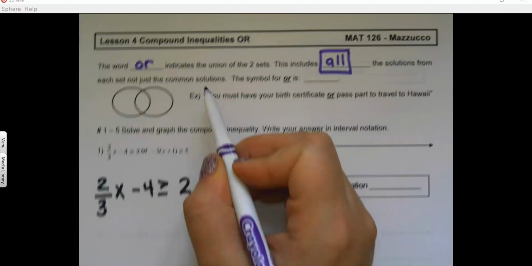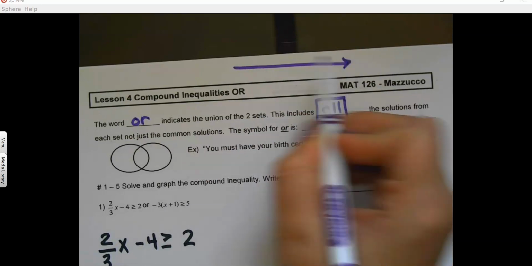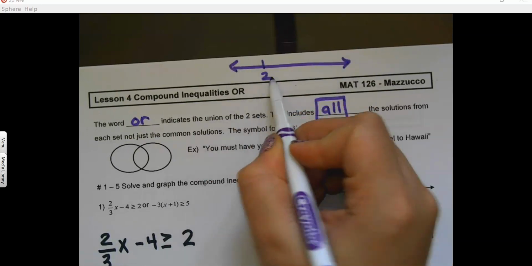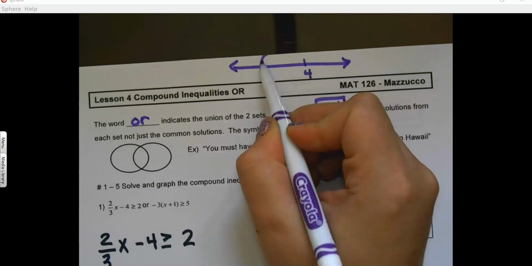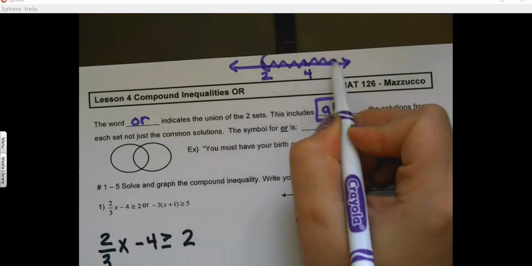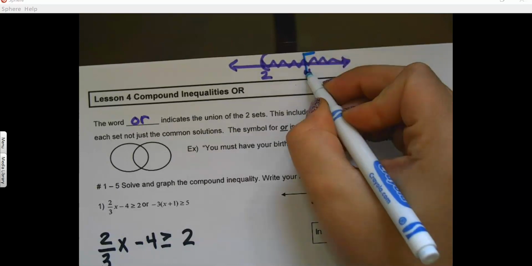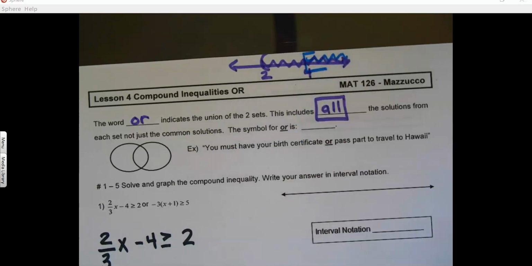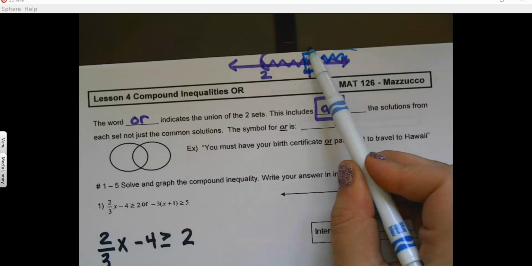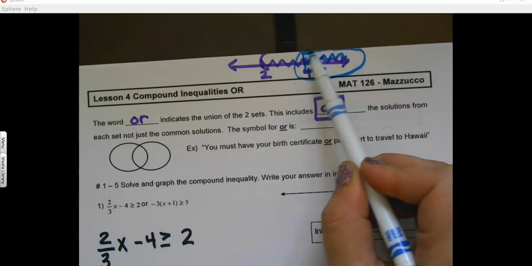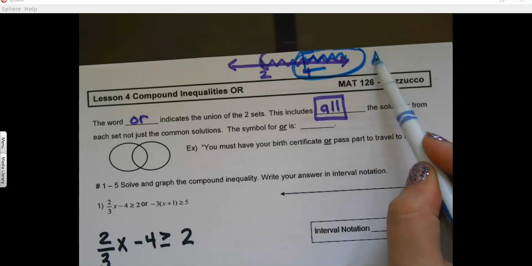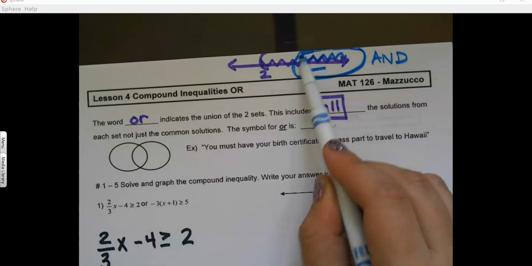In the previous video, when you graphed your solution, say this one went this way, and this one went this way, you wanted to include the solutions they both have in common, because that's what the word and means. Since both go in this section, your answer is only this part here.